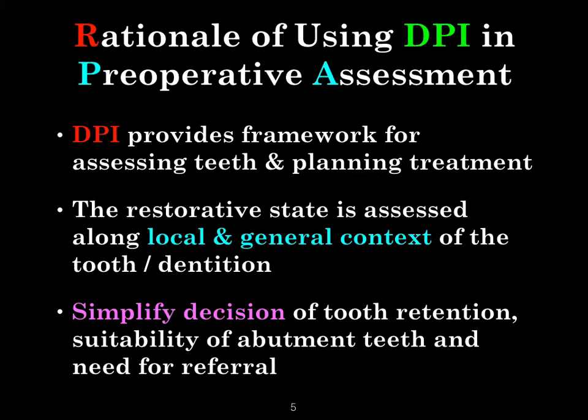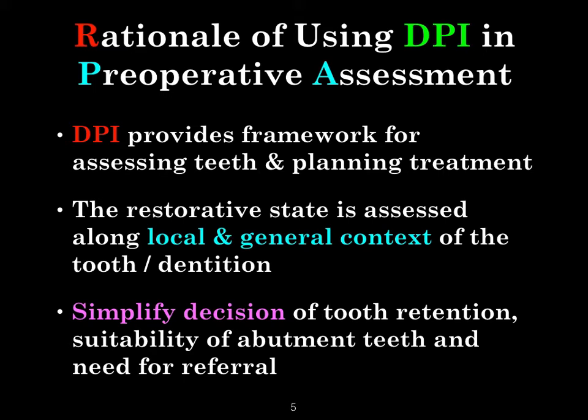Doing the preoperative assessment without a scale or a reference will make the decision of how to use the existing remaining structure a little bit confusing. That's why the Dental Practicality Index is useful in this situation. It will provide a framework for assessing the teeth, and then you could plan the treatment option.